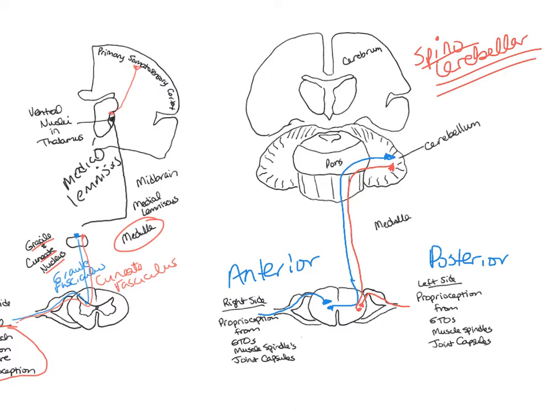There's no third neuron. You're right, it doesn't go to the thalamus. There's no third order neuron, which means it's never going to reach your consciousness. It's going right to the cerebellum. We have a first order, second order, no third order. Your consciousness doesn't need to know about this. This one is going to carry the sensation of balance. It needs to be working all the time, and you don't necessarily need to know about it.